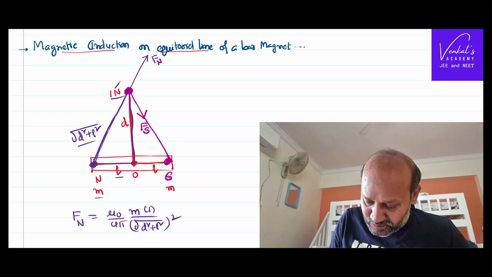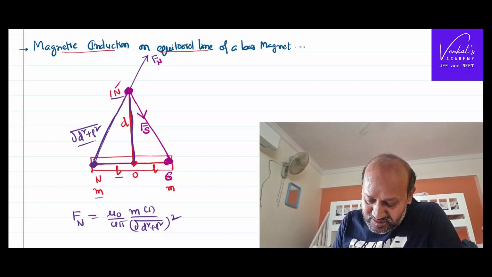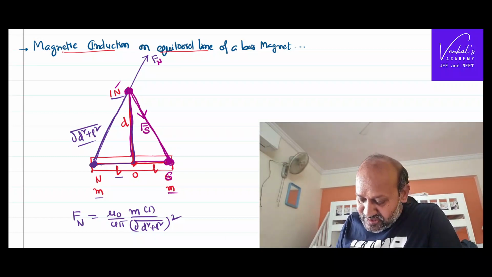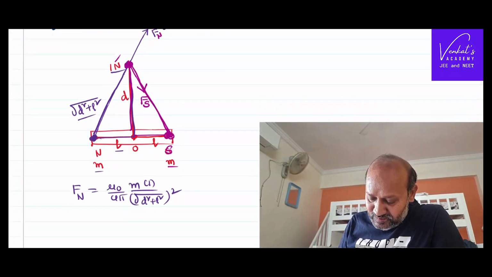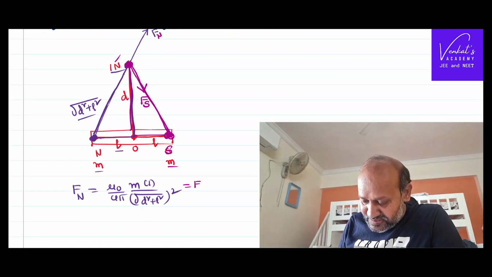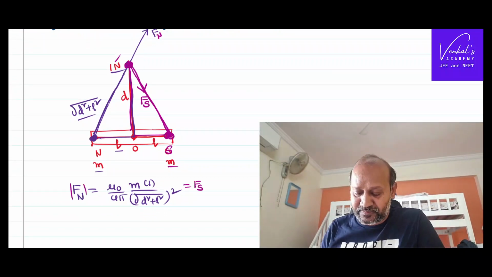The upper one is F due to the north pole. And if you notice, the distance between these two poles is also the same because this is L and this is d. The distance becomes root of d square plus L square. The pole strengths are also the same. So everything is the same, but the direction is different. So Fn is equal to Fs in magnitude, but in direction they are different.